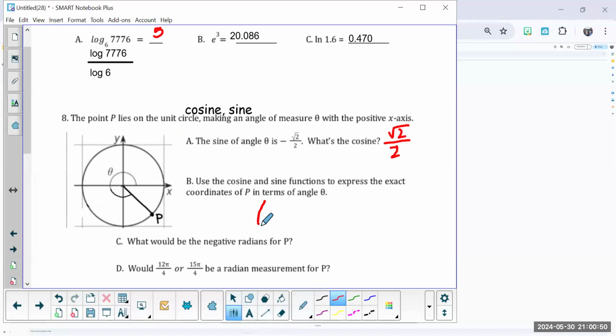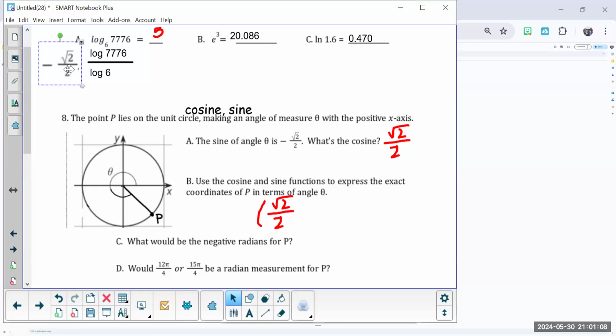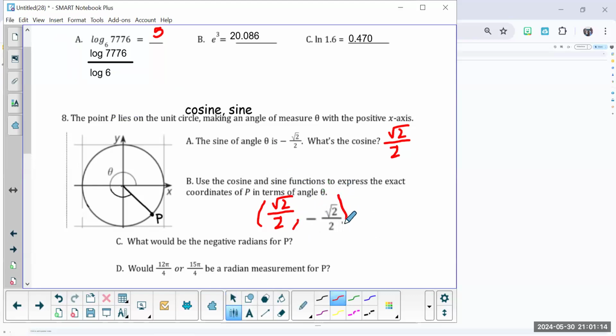So the cosine goes first. So I'm just going to copy that. The cosine goes first, and then the sine goes second. And the sine was that negative square root of 2 over 2 part. So I'm going to cheat and copy that one too. There we go. So that is the point. So that's our X and our Y value for that.